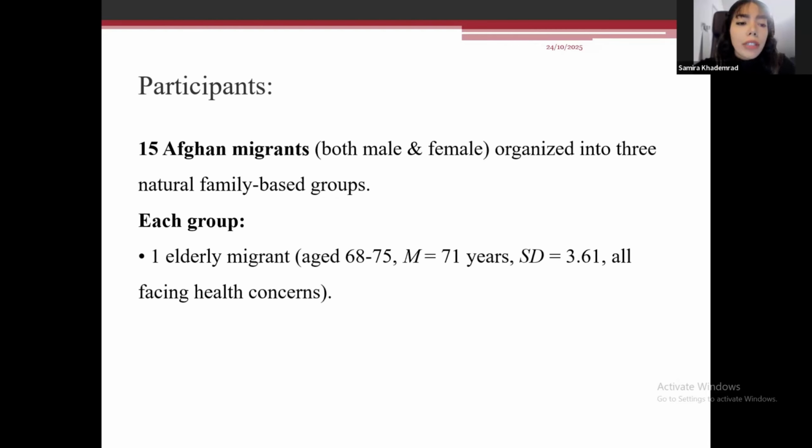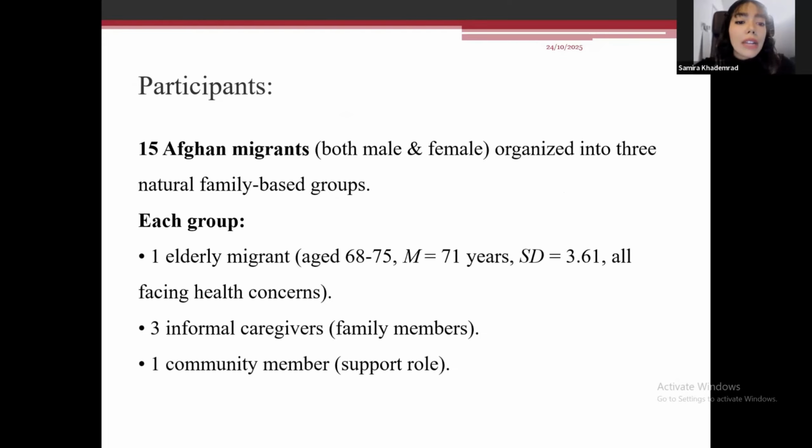Each group included 1 elderly migrant, all dealing with age-related health issues, and 3 informal caregivers, family members, one of whom acted as the main caregiver performing 24/7 care, and 1 community member providing additional support.